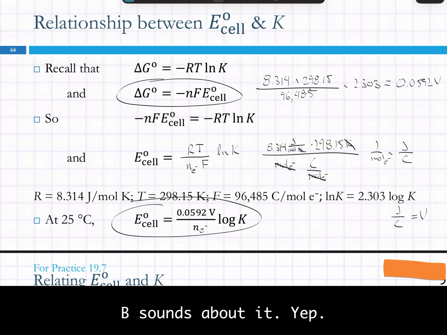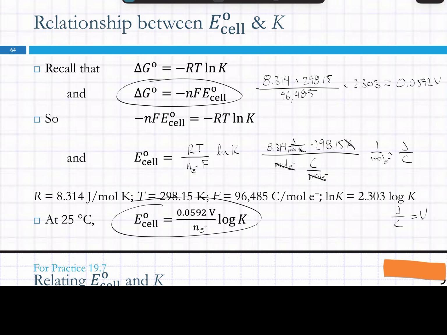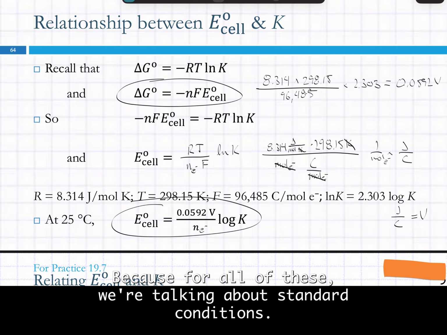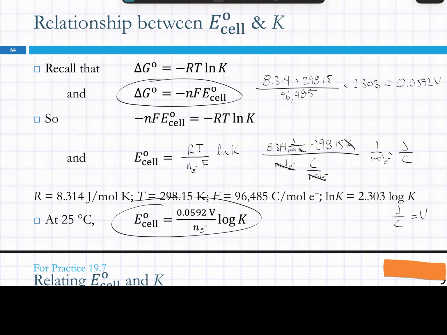E cell is positive, delta G is negative. Yep. Because the equilibrium favors the products. And because for all of these, we're talking about standard conditions. Standard conditions means that the concentration is what for things in solution?